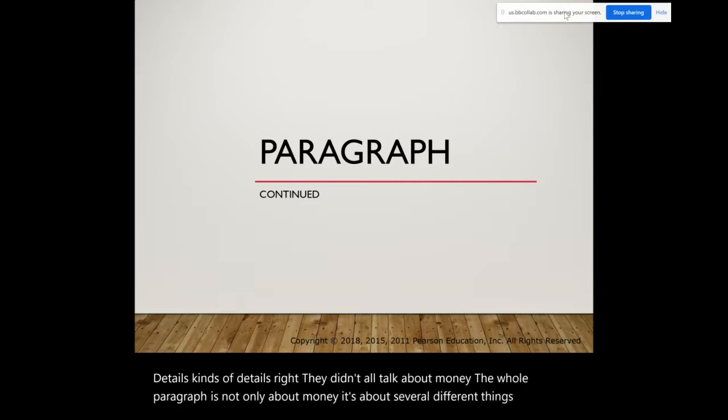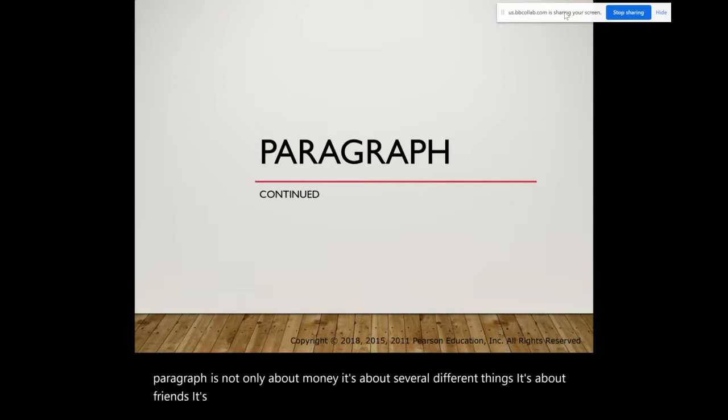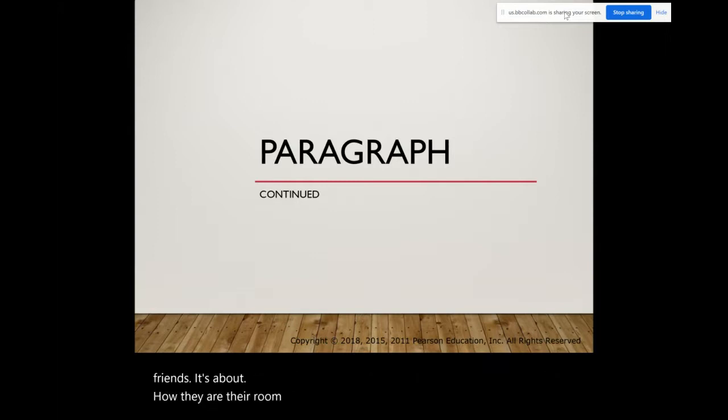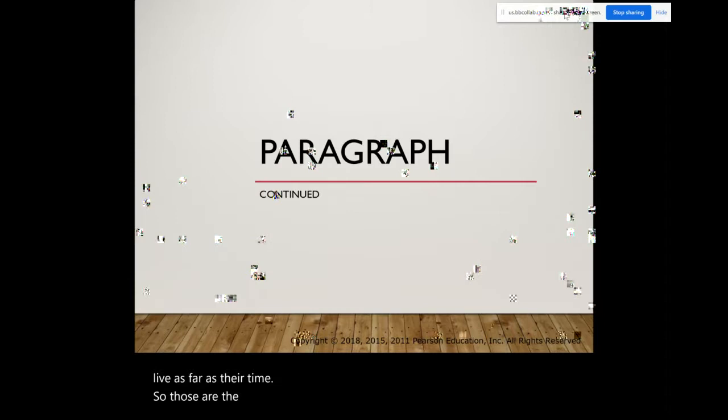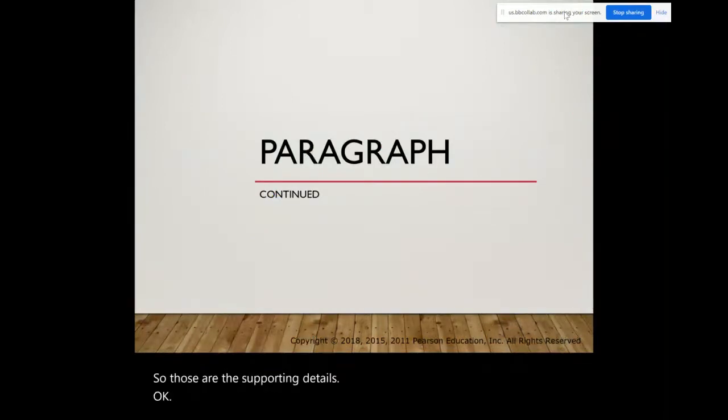It's about friends, how their room is, money, what they eat and drink, and then how they live, as far as their time. So those are the supporting details. In this case, this paragraph is an informative paragraph. Yes, it's informative. It's giving information, not anything that says you should do this, you must do this, so it's not persuasive.